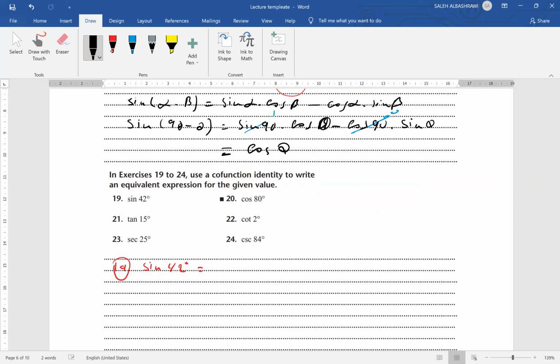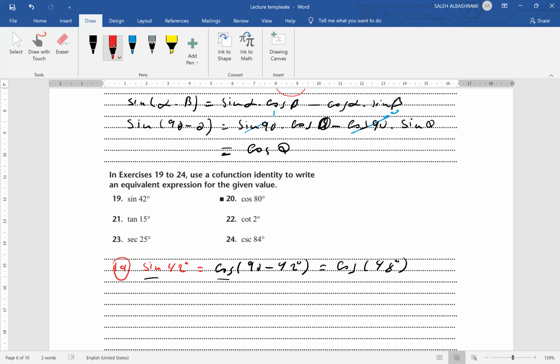The equivalent for this one is cosine of 90 minus 42. So if it is sine, I will use cosine, which is equal to cosine of 48. So sine of 42 is equivalent to cosine 48.